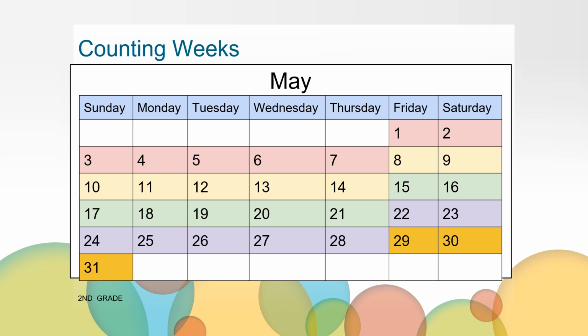You can still see 4 full weeks and 3 additional days in May. This time, those 3 extra days are May 29th, May 30th, and May 31st. So, how many weeks are there in May? There are 4 full weeks in May.